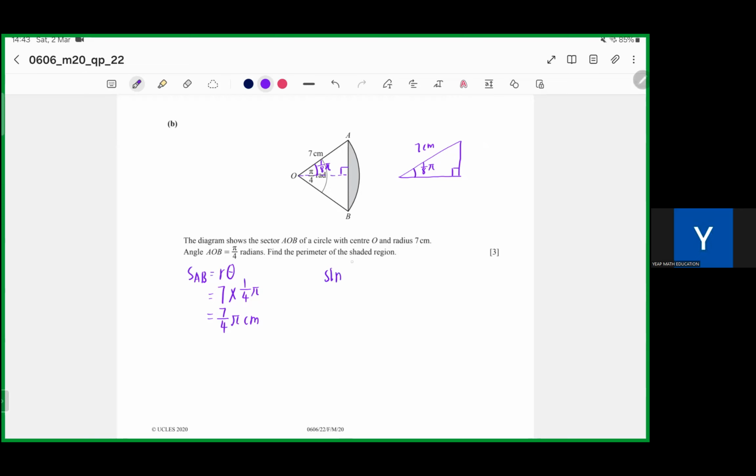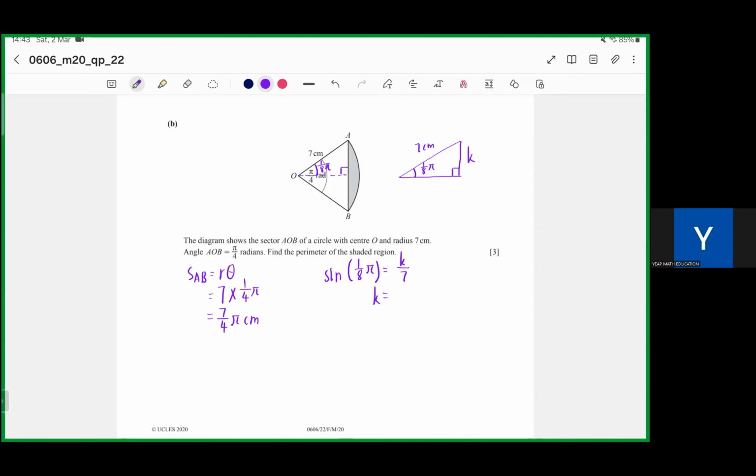Okay, sine 1 over 8 pi equals to, now here I put k over 7 because here is the opposite and this here is the hypotenuse. So k equals to 7 sine 1 over 8 pi. But for this trigonometry I am setting the calculator in radian form. If your calculator is set in degree form, don't forget to multiply by 180 degrees over pi.